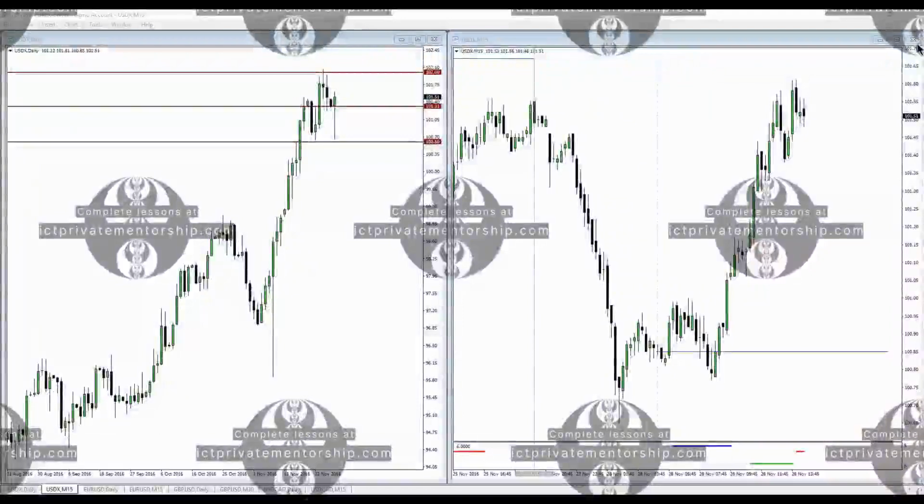It doesn't stop with just being a buyer or seller for the day using the higher time frames. It actually gives you the directional premise for the weekly range.